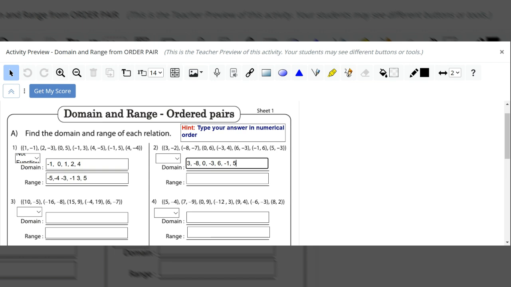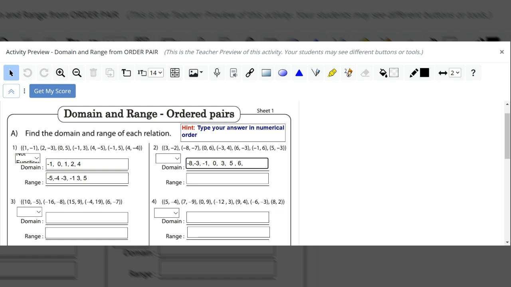I'm going to write them from least to greatest. Here we go. So this is written from least to greatest, or from smaller to bigger.